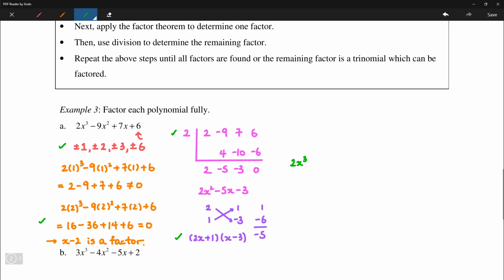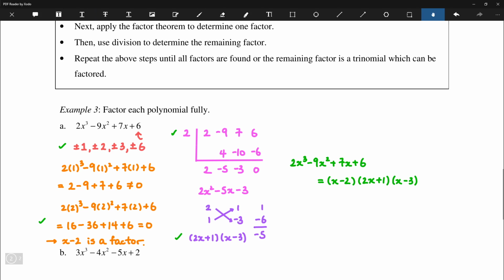We have 2x cubed minus 9x squared plus 7x plus 6, and that is equal to x minus 2, the first factor we found, and then the 2 factors 2x plus 1 and x minus 3 from the factoring of the trinomial. And the whole idea is if we multiply all 3 of those binomials together, we'll get back to the original cubic polynomial.